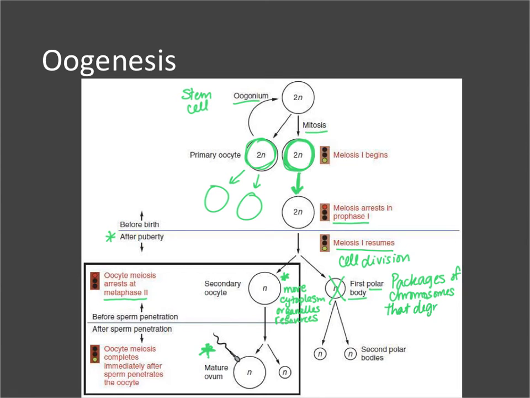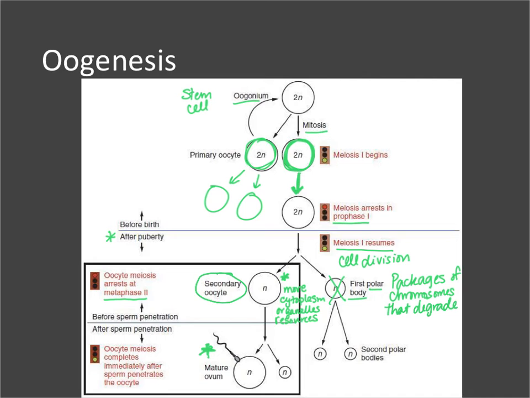We'll just say that they degrade. We need to make sure that this cell over here, the secondary oocyte, only has the number of chromosomes that it needs to have. Because remember, if a zygote ends up with too many chromosomes, it causes problems with development.